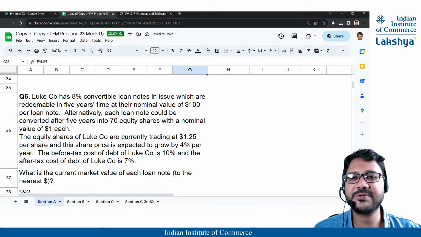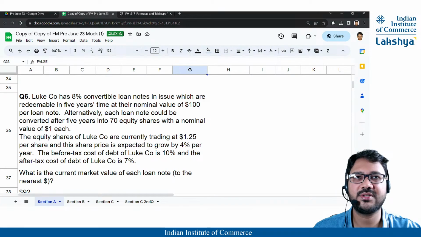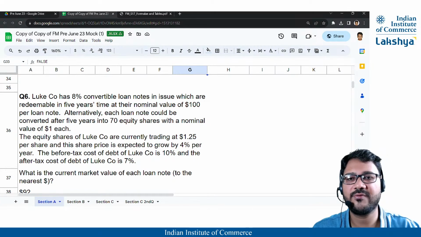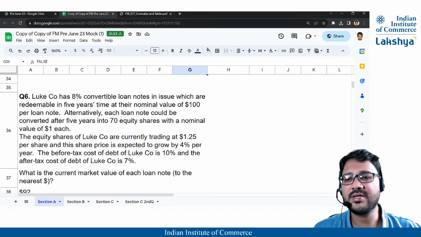Luke Company has 8% convertible loan notes in issue, which are redeemable in 5 years' time at their nominal value of $100 per loan note. Alternatively, each loan note could be converted after 5 years into 70 shares with a nominal value of $1 each. The equity shares of Luke are currently trading at $1.25 per share, and this share price is expected to grow 4% per year.